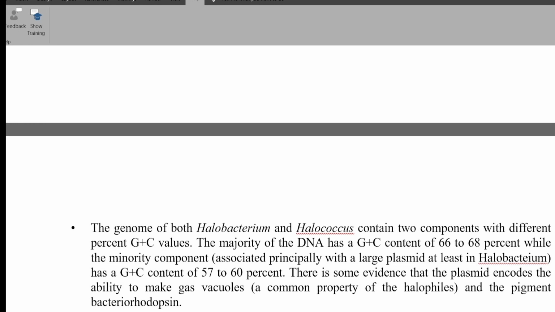The genomes of both Halobacterium and Halococcus contain two components with different GC percentages. The majority of the DNA has a GC content of 66% to 68%, while the minority component, associated principally with a large plasmid, at least in Halobacterium, has a GC content of 57 to 60%.